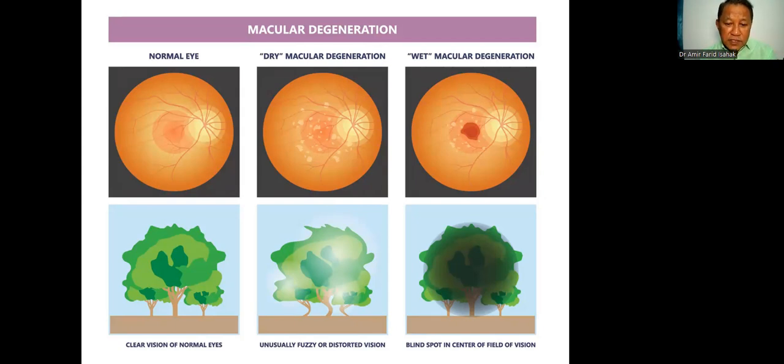So you have unusually fuzzy or distorted vision, and in the wet form of macular degeneration, there's almost a circular blot, a blackish dark disturbance in your vision because of the defective macular area in the retina.